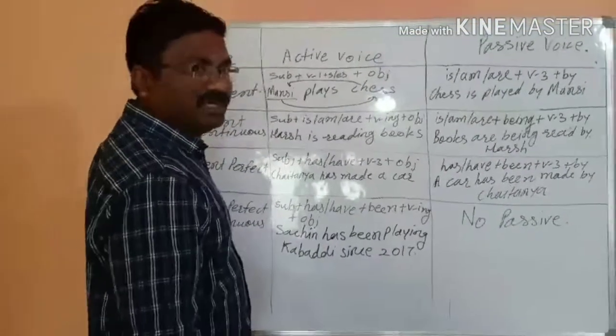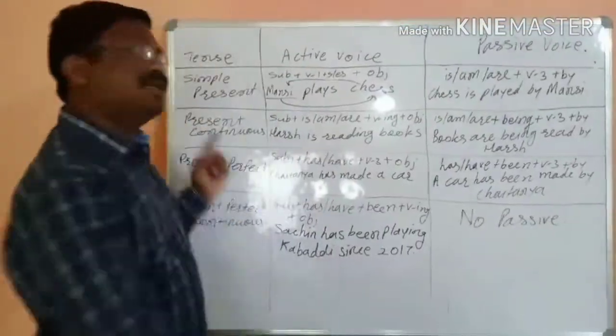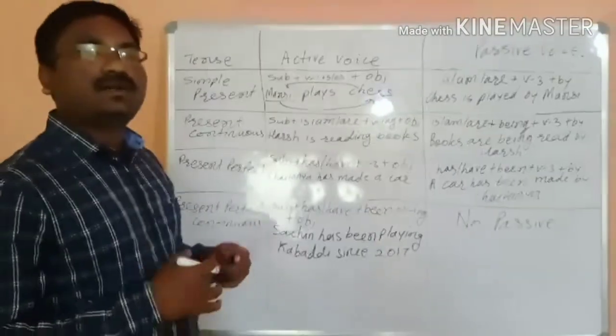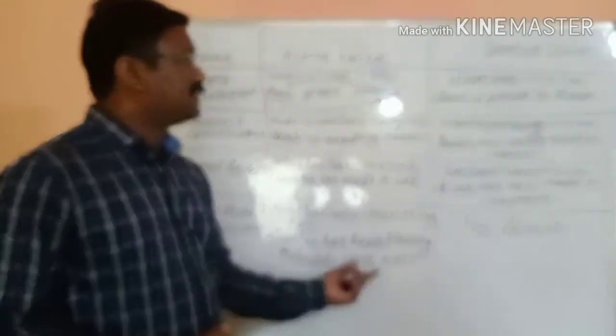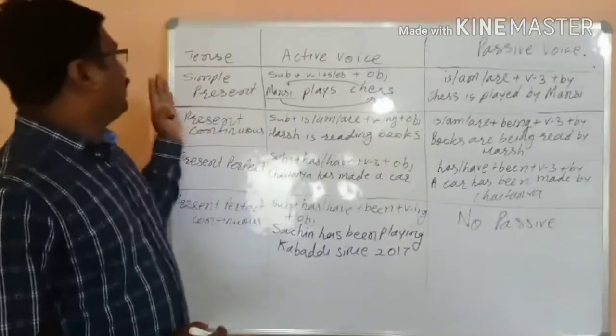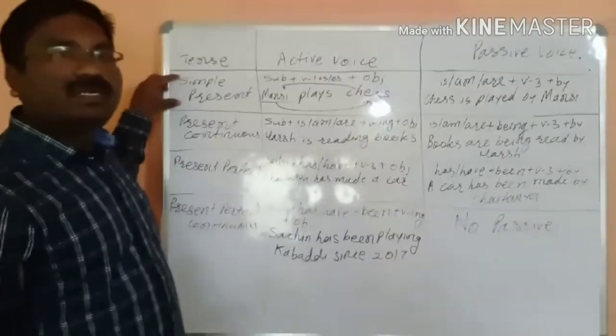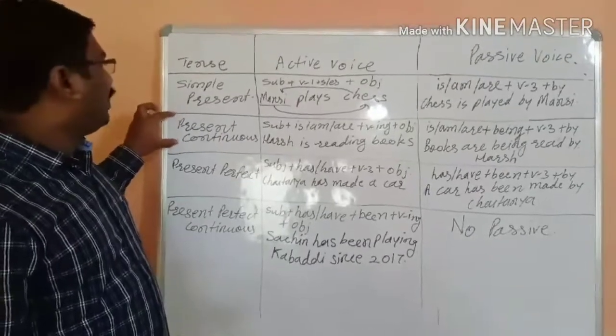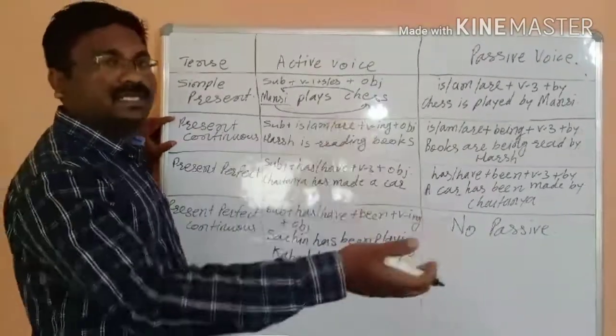But my dear students, if any perfect continuous tense is there, we can't change those sentences into passive voice. As I told you earlier, when we are talking about active voice of simple present, we take in passive voice here the auxiliary verb of present continuous tense or next tense.